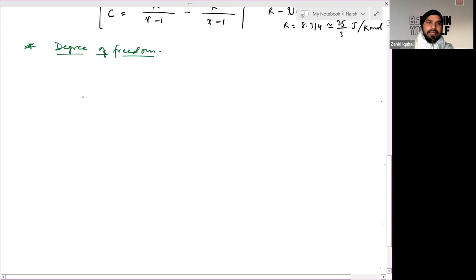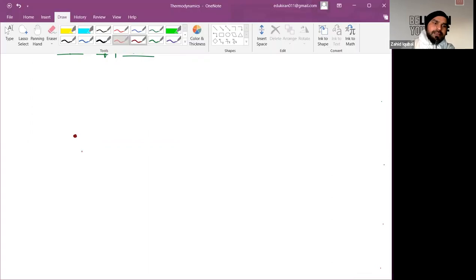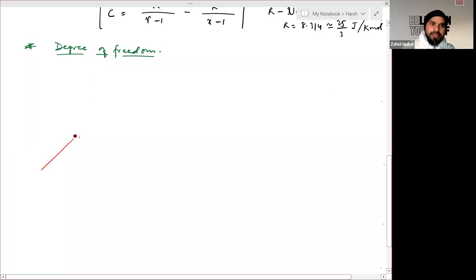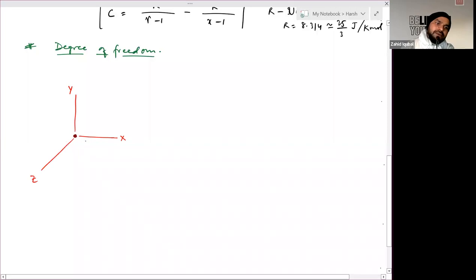No. Let me define its physical interpretation. Suppose you have any monatomic gas like this. In how many directions may it contain energy? It will have translational motion along the x-axis, y-axis, or z-axis. So this monatomic particle will tend to move along these directions, and all three different motions are due to its translational part.